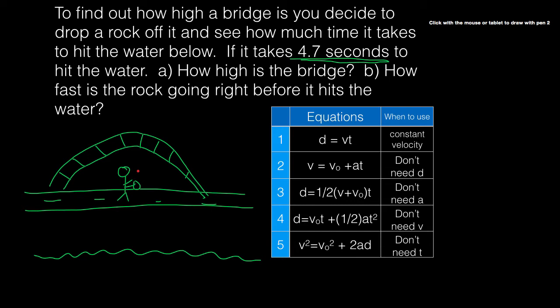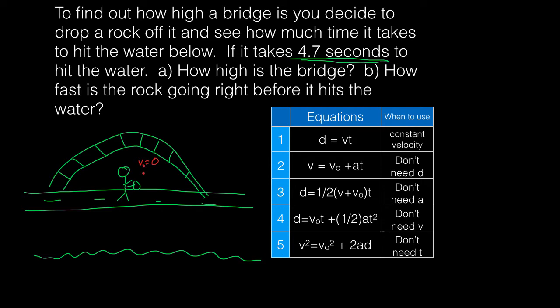Okay, so the first variable, if we are dropping a rock, that we need to know: velocity initial is going to be 0 meters per second. If you drop something, it's going to start off at the speed or the velocity of 0. And that's something that you'll see over and over. But just got to remember, if you're dropping it, its velocity initial is 0.